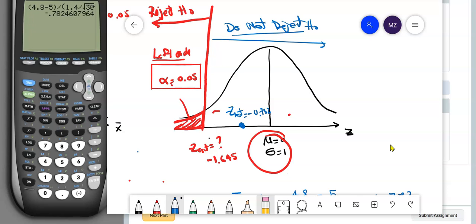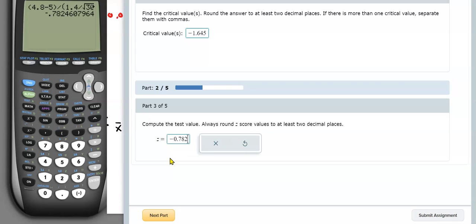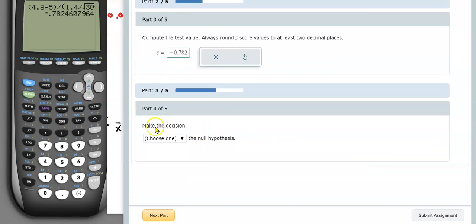And always our reference is H0 whenever we are doing this. The z that we just got, negative 0.782, has at least 2 decimal places, so it's good. Next, and now we are taking a decision. We say do not reject.